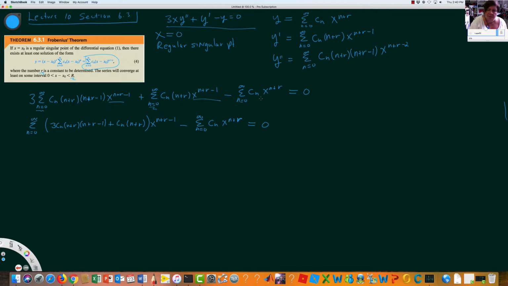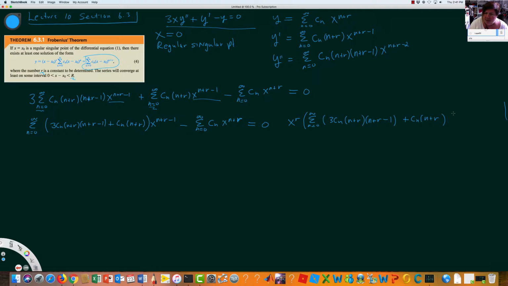All right, so I'm going to do it over here. I'm just going to write x to the r, and then I can write the series again, right? So I have the sum n equals 0 to infinity, and then I have 3Cn (n+r), what was the next term? Oh yeah, (n+r-1). That's that term, and then plus Cn (n+r).